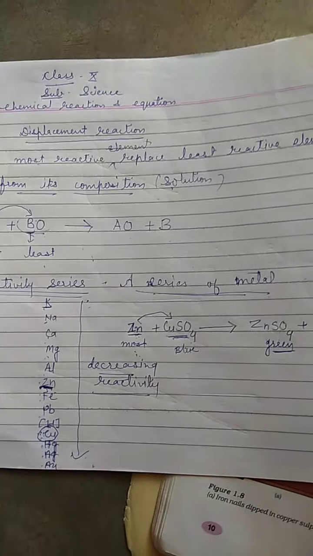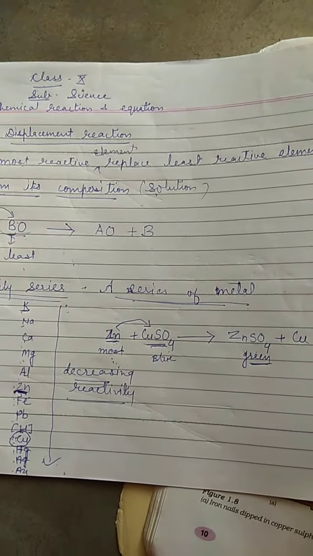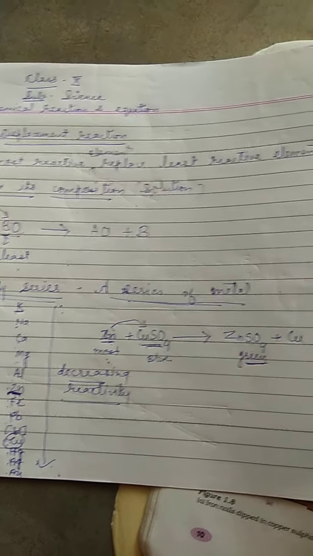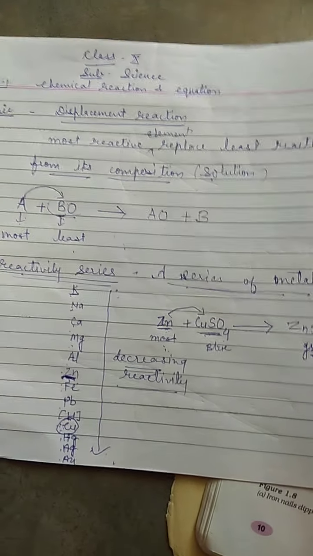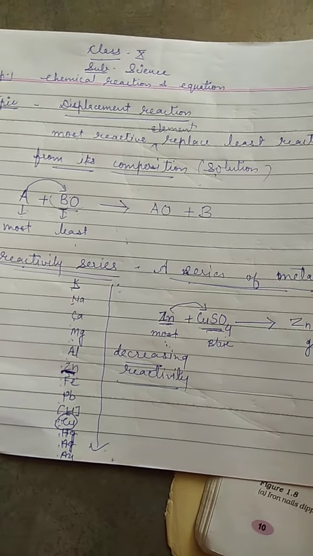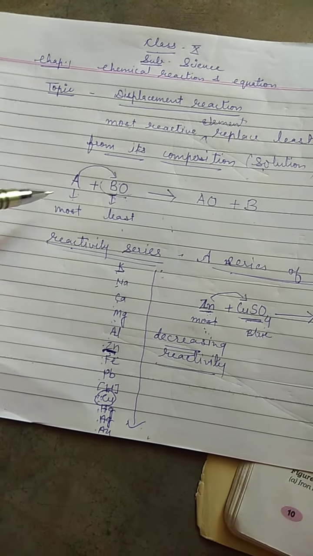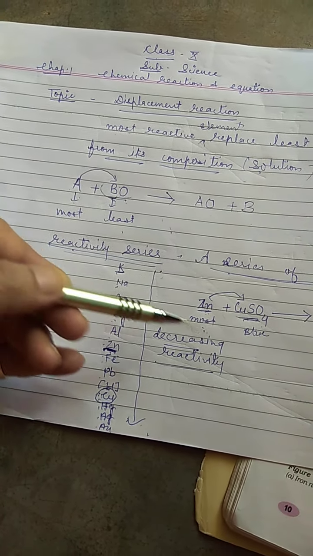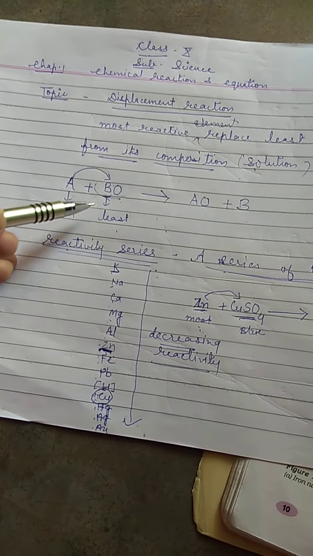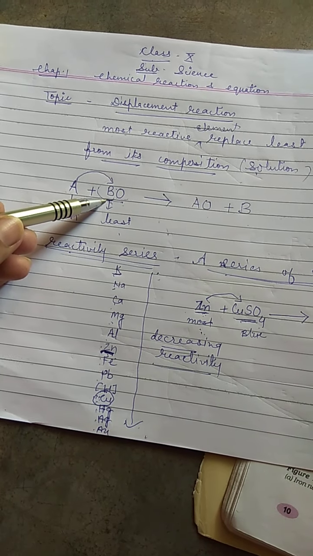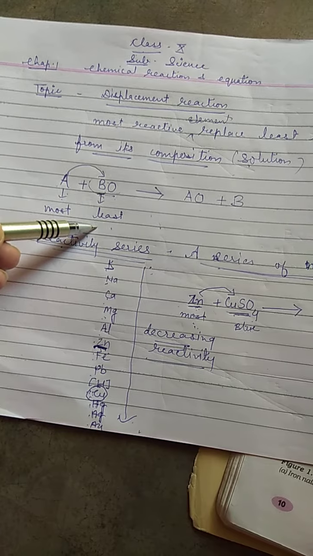I think now it is clear to all of you that a displacement reaction is a type of reaction in which the most reactive element replaces the least reactive element from its composition or from its solution. A is most reactive, here the zinc is A. BO is a solution in which B is least reactive.